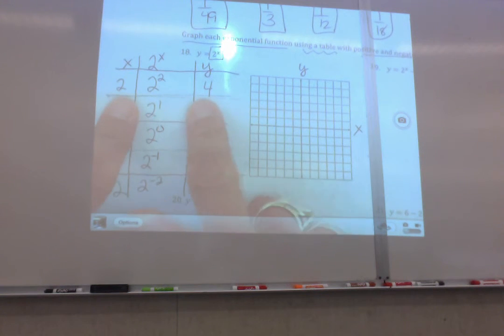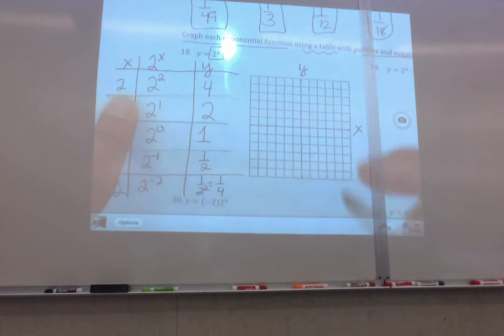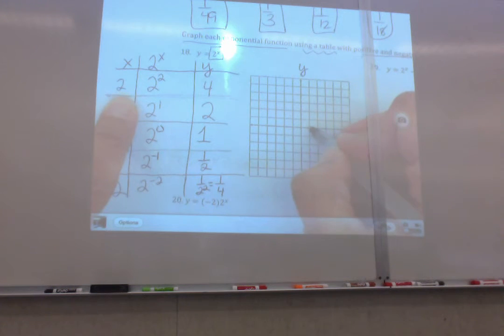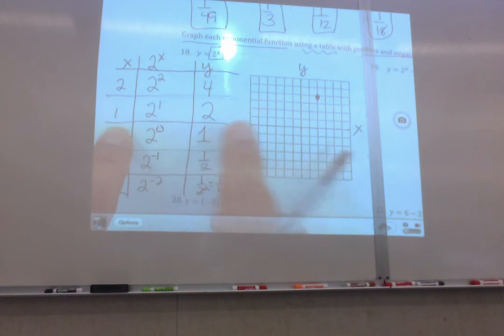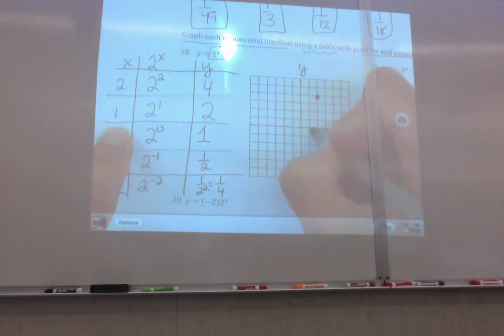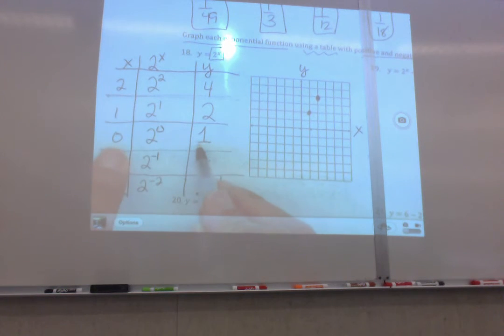So the first point I'm going to put is where x is 2 and y is 4. X is 2, y is 4. 1, 2, 3, 4. The second point I'm going to put is where x is 1 and y is 2. 1 positive, up 2. The next point I'm going to put is where x is 0, y is 1.